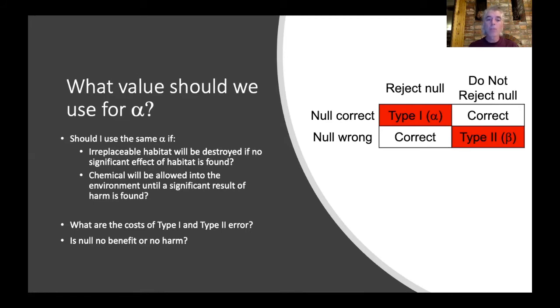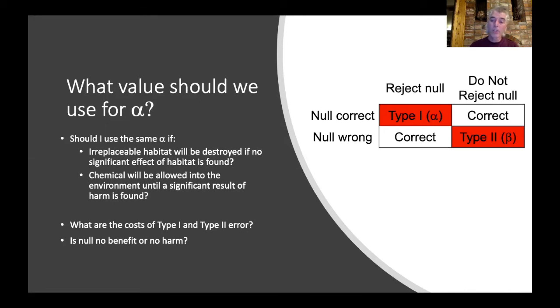But what happens when the null hypothesis is that there's no effect of a particular habitat on the abundance of an endangered species? If we err on the side of showing no effect, then maybe a developer comes in and builds their subdivision in that habitat and the endangered species is lost.